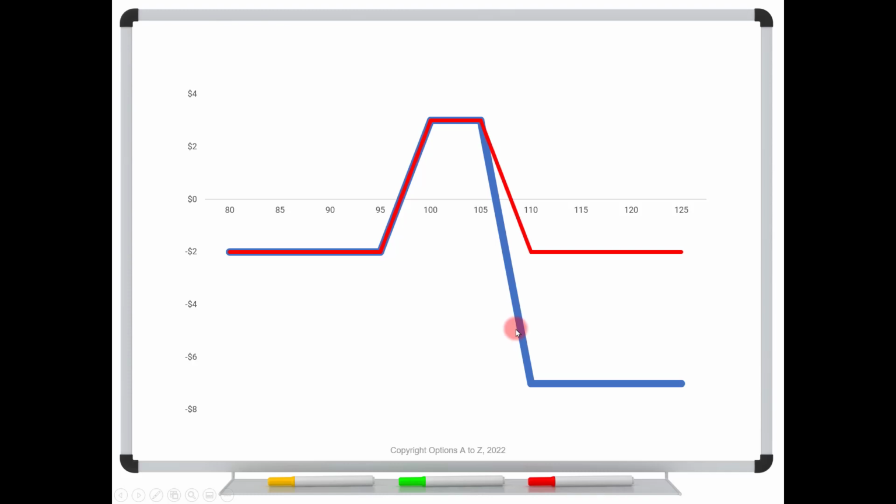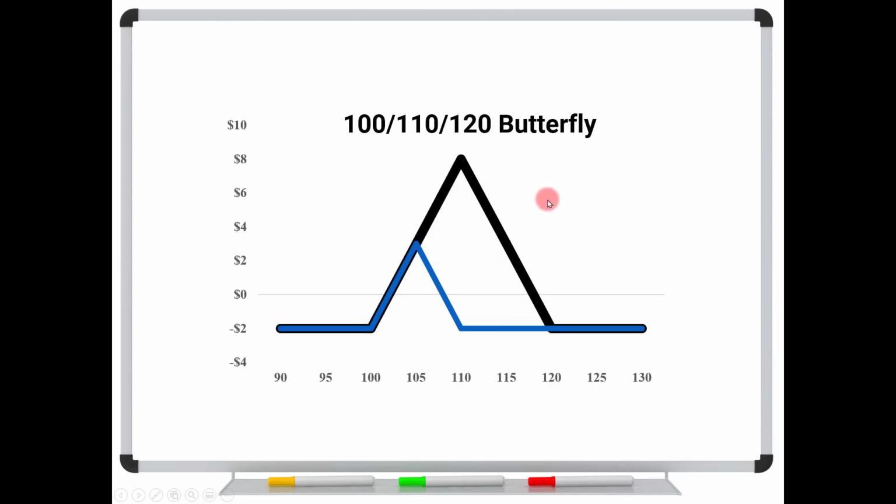Again, there's a lot of different reasons why we might choose a broken wing at the onset. But from a trading perspective, there are probably more important reasons. Now, I've talked about this before, whether you're using condors or butterflies. I just happen to have the slides on the butterfly, so I'm going to use them. Here is a butterfly, but you can also have smaller or embedded butterflies in here.